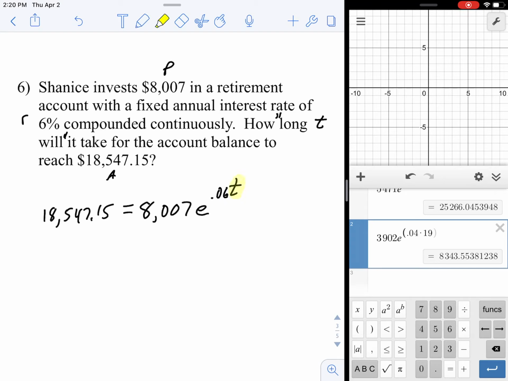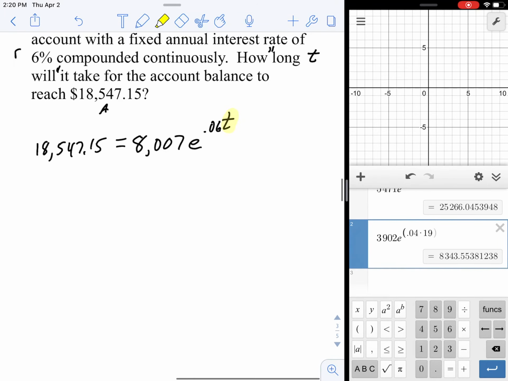This is an exponential equation, and as we have learned, to solve an exponential equation, we will be using a logarithm. But not yet. Our first step will be dividing both sides by 8,007 to cancel this out. We get e to the 0.06 t over here.